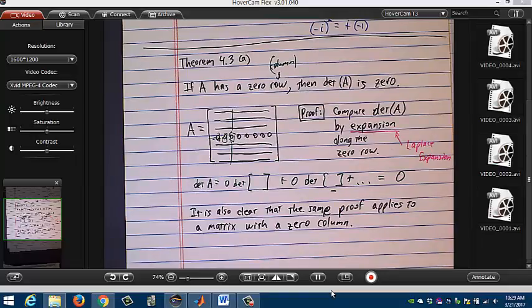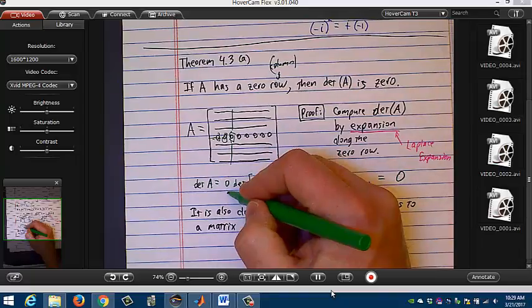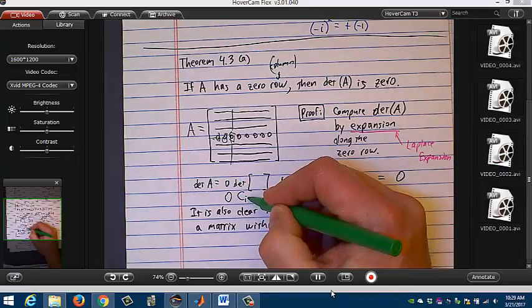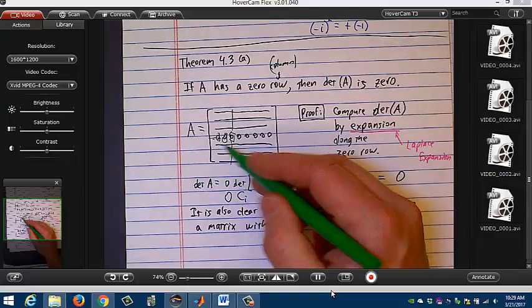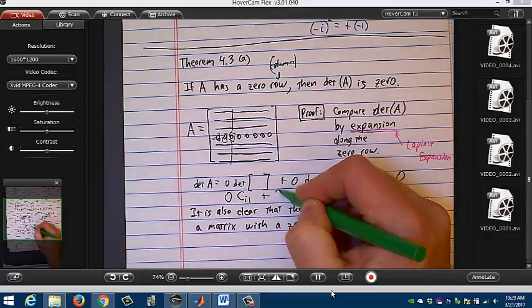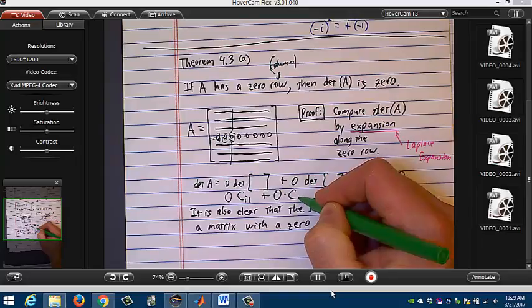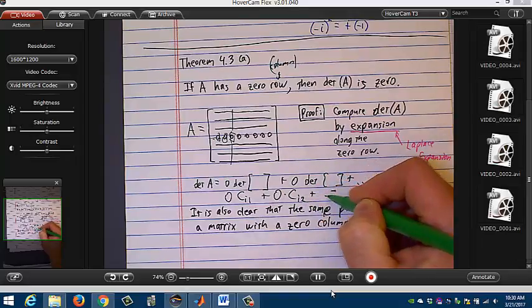So, like, for the first entry in the determinant, it'd be 0 times C. Right. They're called the cofactors. Yeah, you've seen that in the arguments in the book. They'll write 0 times C row i column 1 plus 0 times C row i column 2, and it would be the same thing.